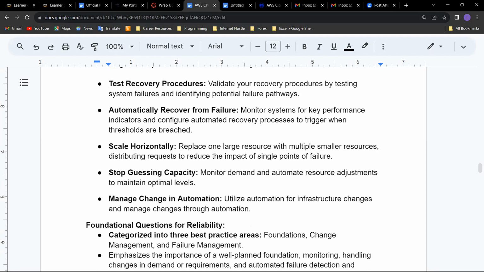So instead of having a large system of, let's say, 200 gigabytes with a CPU of whatever, why don't you have, let's say, 5 systems, right? 5 systems, 50 GB each, 50 GB each, 50 GB each.